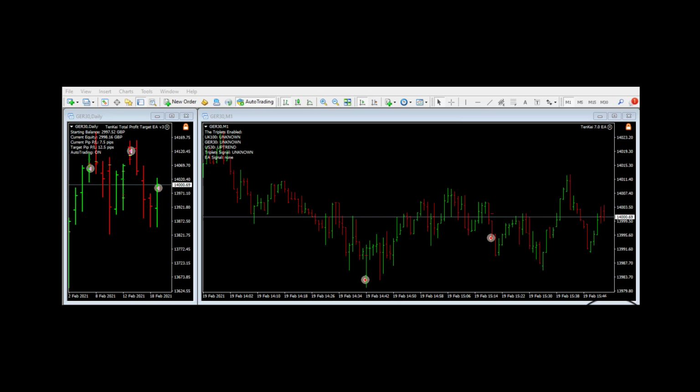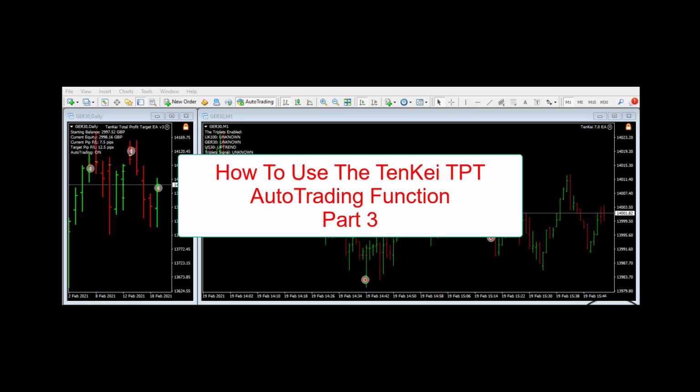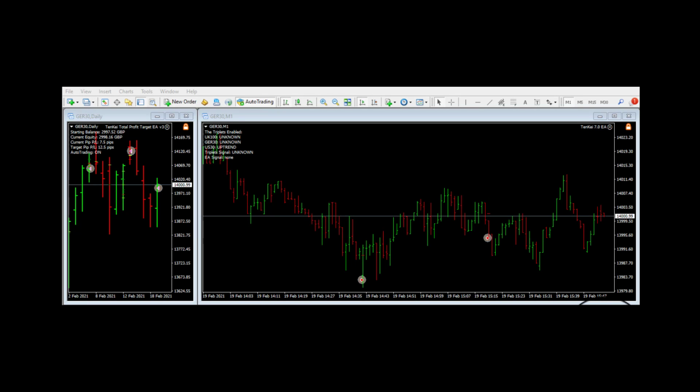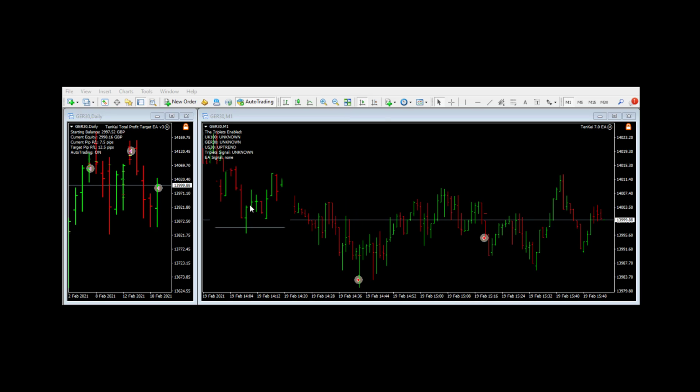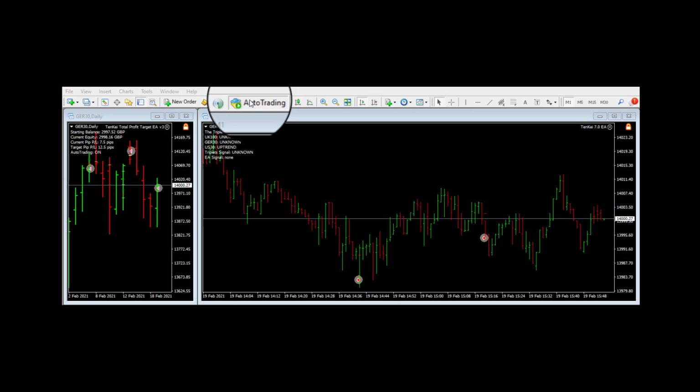Today's title is How to Use the TenKei TPT Auto Trading Function, Part 3. The question was asked how to use this auto trading function.